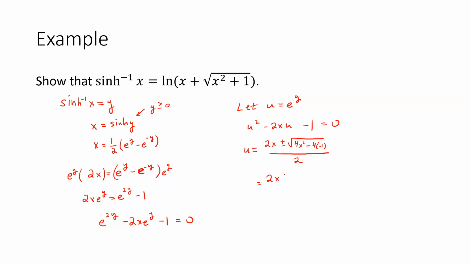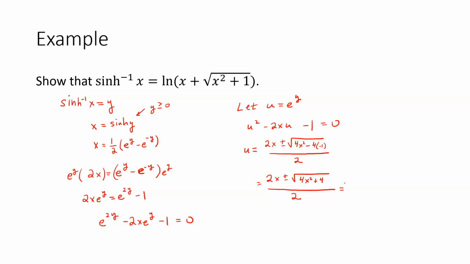So we got 2x plus or minus the square root of, let's see, 4x squared plus 4 inside the square root, over 2. And then I can also factor out a 4, which becomes 2 outside the square root.